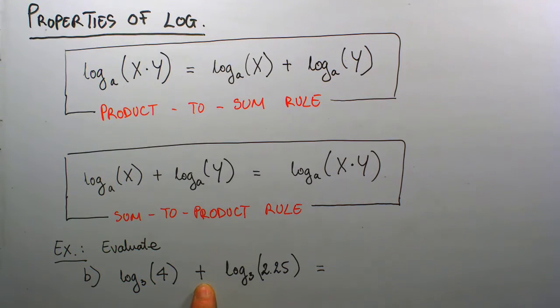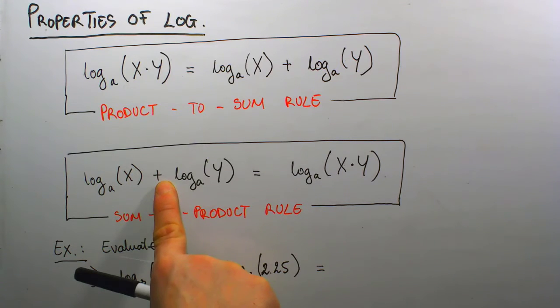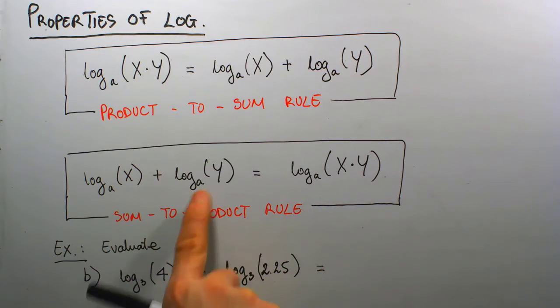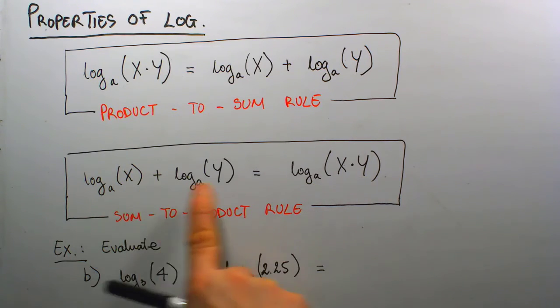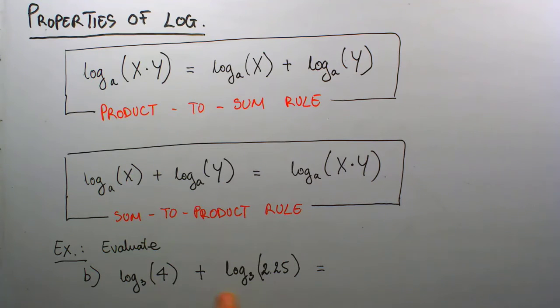So we know at this point that a sum of two logarithms of the same base can be rewritten as one logarithm of the product of these two numbers. And so we can utilize the exact same property here to make our computation go a lot faster. So now I can rewrite this as log base 3 of 4 times 2.25, and 4 times 2.25 equals 9.